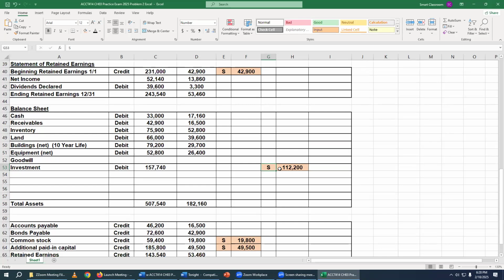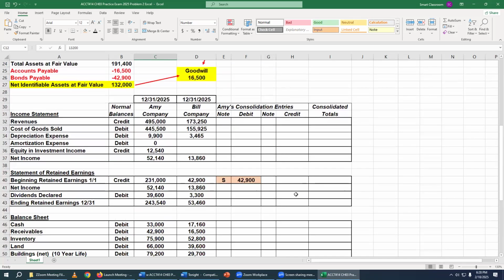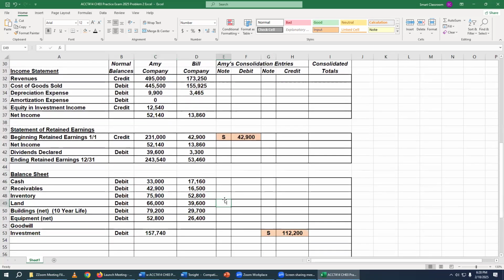Next, we've got to go to the assets. And the assets, we have 6,600 in land and 13,200 in building. Okay, so land. Building.